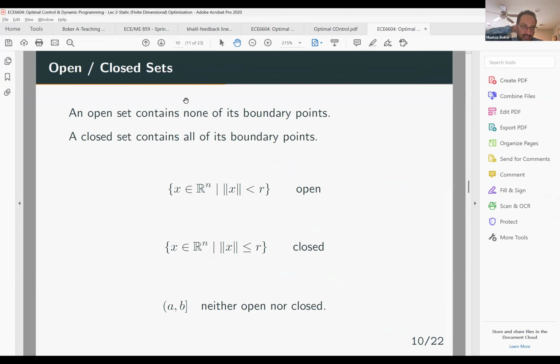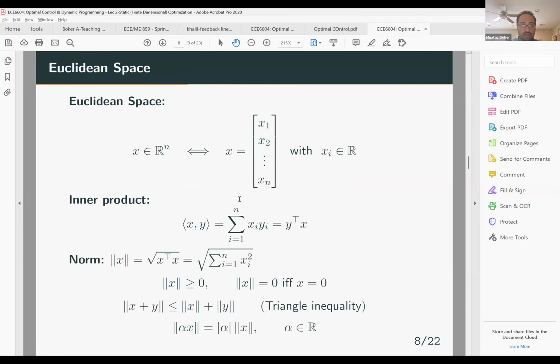So open and closed sets. An open set contains none of its boundary points. A closed set contains all of its boundary points. So mathematically speaking, for example, the norm of x less than r, where r is just a number. Remember, by the way, guys, I forgot to mention this, which is very important.